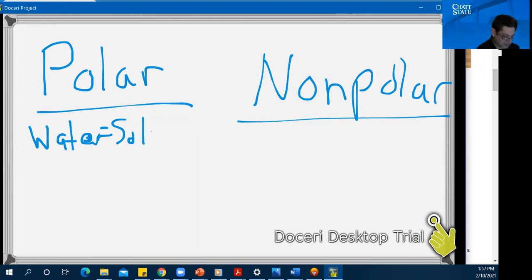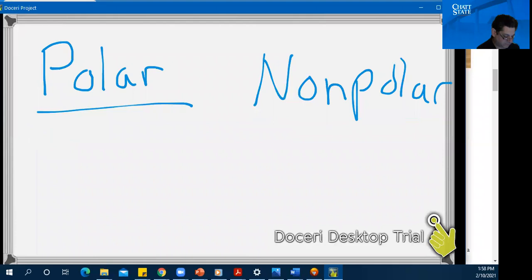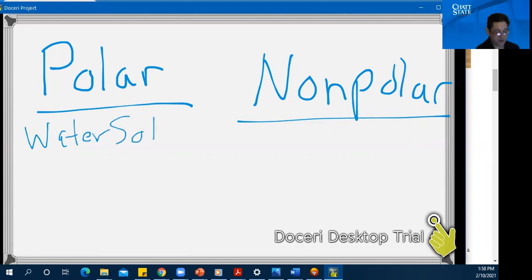Let me write that again. It's in a little bit thicker than I wanted. Which makes non-polar what? Water insoluble. Let's play the game of opposites already. See, I started off with 1 and I can do 3 more.